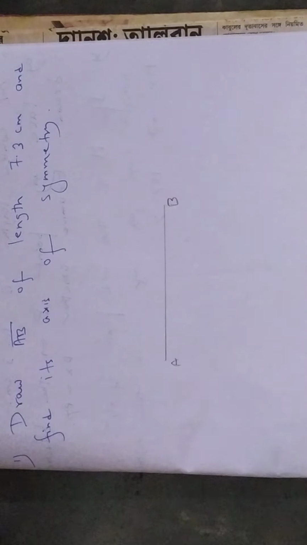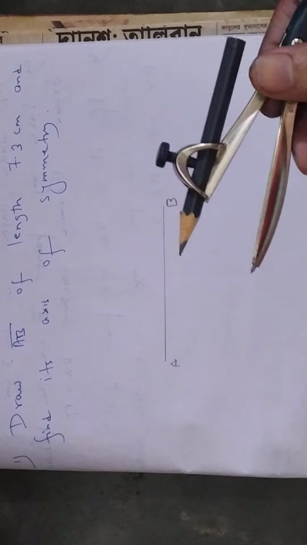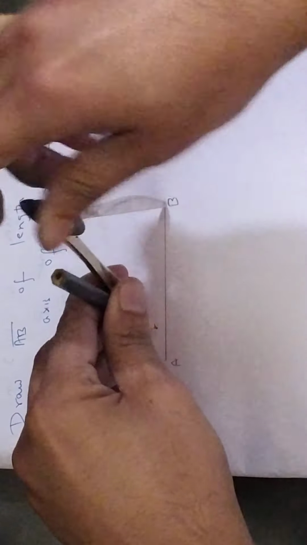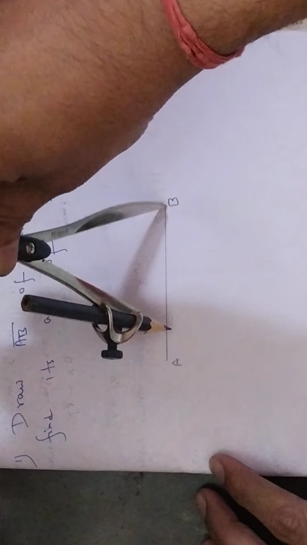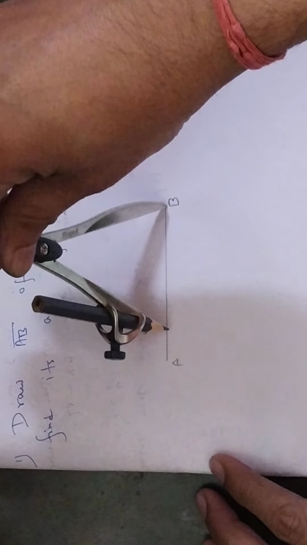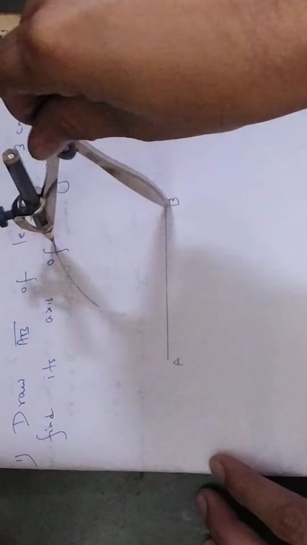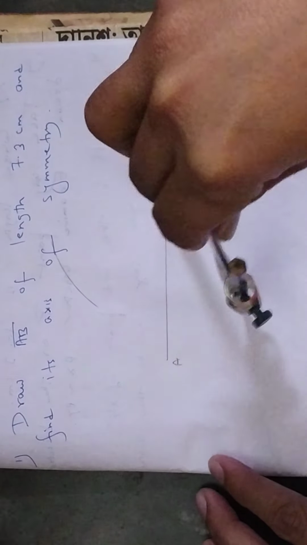Now, what you have to do, with the help of this compass, you have to take more than half, like this way. This is more than half. You have to take the length more than half. Now you have to draw arcs like this, at the top side, at the bottom side.